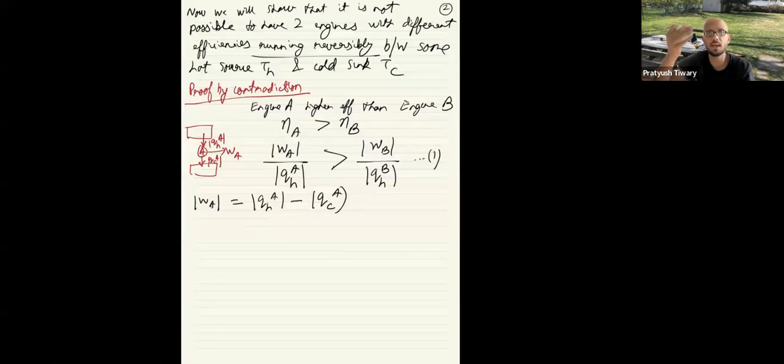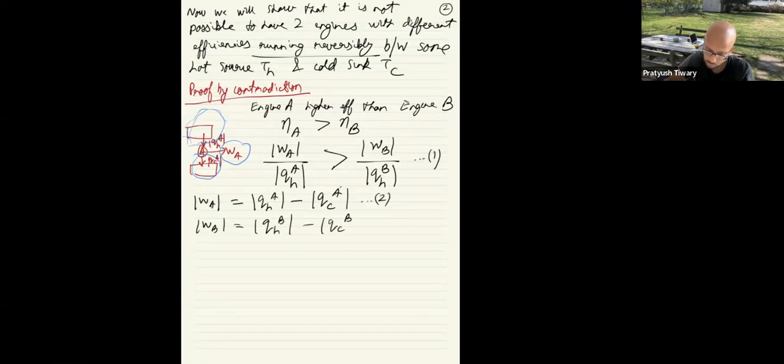The QHA, the heat that you sucked in from the hot source, has to go either to QCA or to WA. It has to go to one of these, right? So that's what we wrote here. Let's call this equation 2. And similarly for process B, WB is equal to QHB minus QCB.